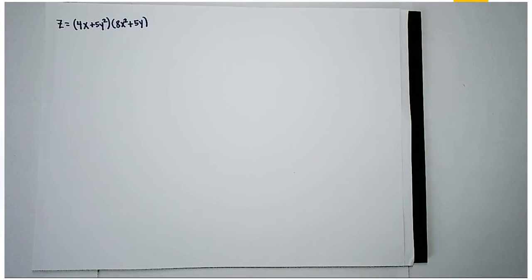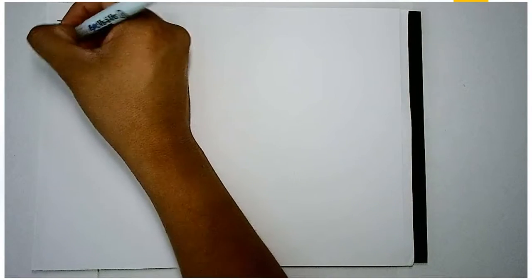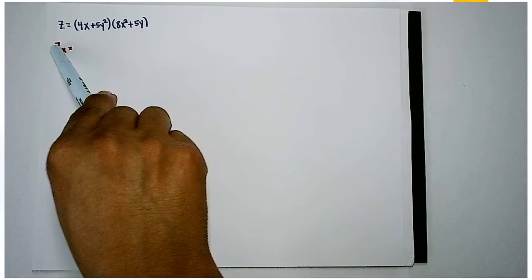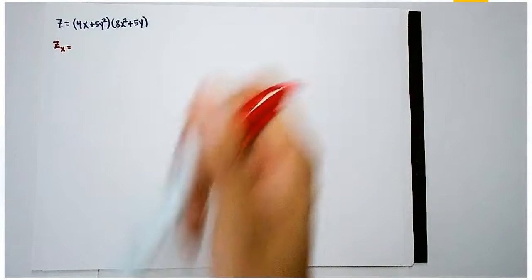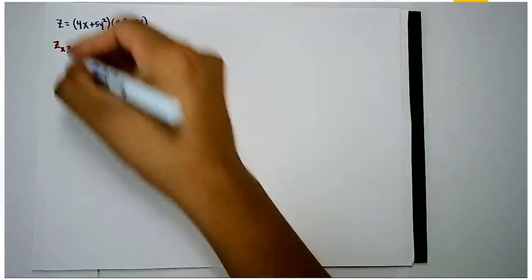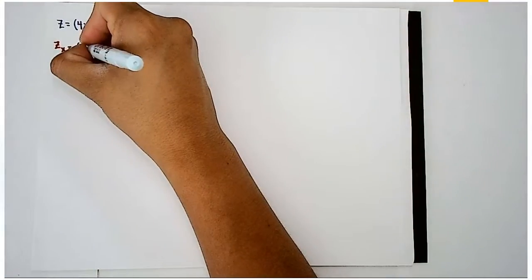Therefore, we need to use the product rule. The derivative of z with respect to x, considering that this is a product rule, remember that we copy both factors twice.